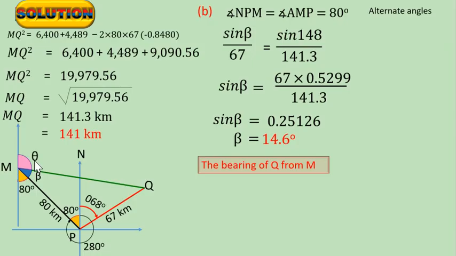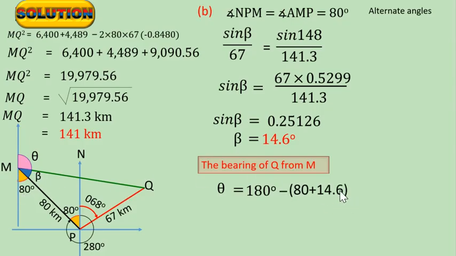It then means that for me to get the value of theta, this angle from north here to the south here is 180. I know the value of beta. I know the value of 80. So this angle theta will be equal to 180 minus the sum of these two angles, beta and 80.